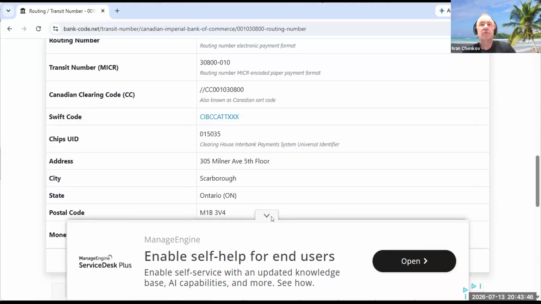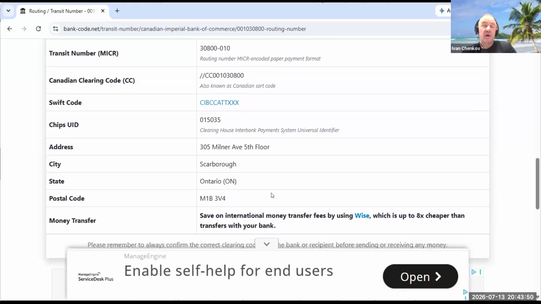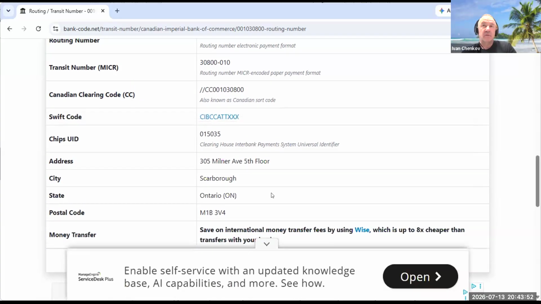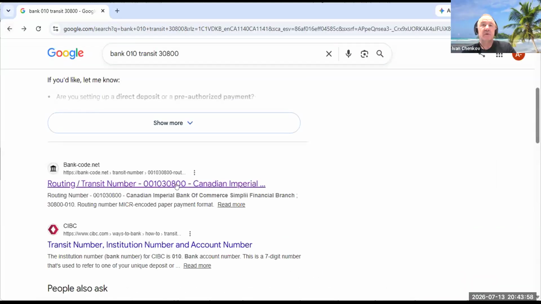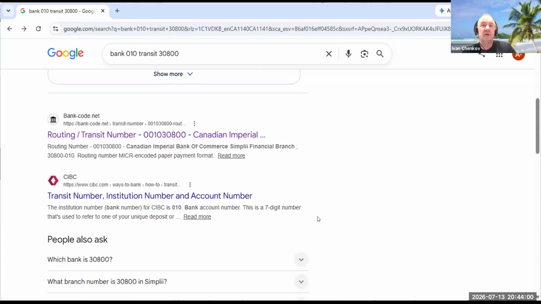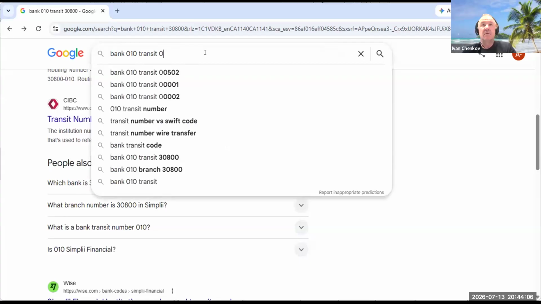That's another way for you to find the branch of which the bank belongs to, by simply checking the transit number. Transit number is related to the branch. Let me see if I put transit number 000.